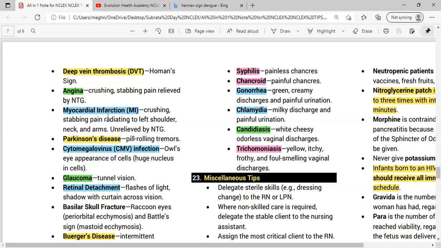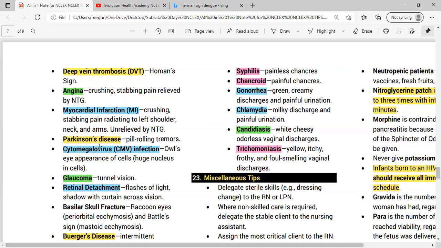The stabbing pain radiates to the left shoulder, neck, and left arm, and is unrelieved by vasodilators like nitroglycerin. In Parkinson disease, we find a pill-rolling tremor, rigidity, and gait abnormalities.